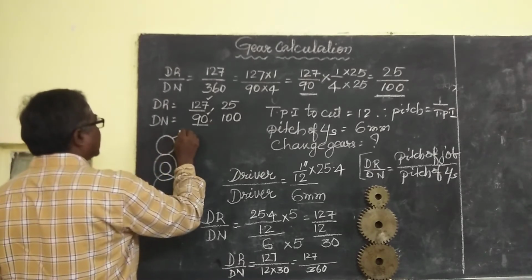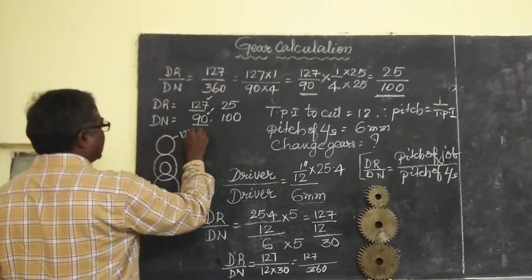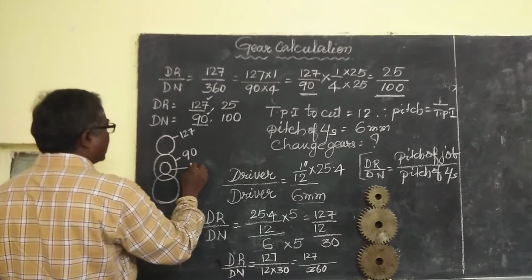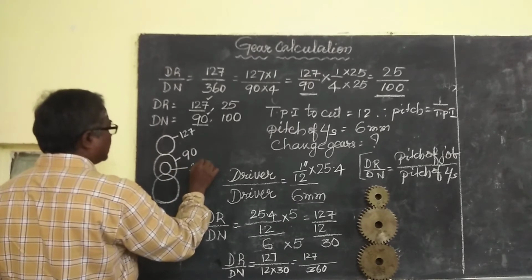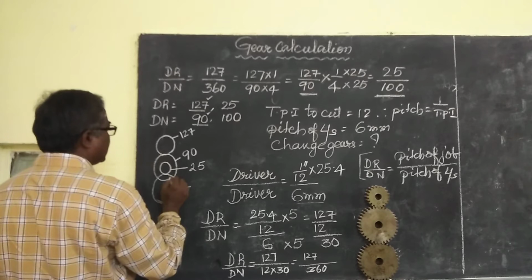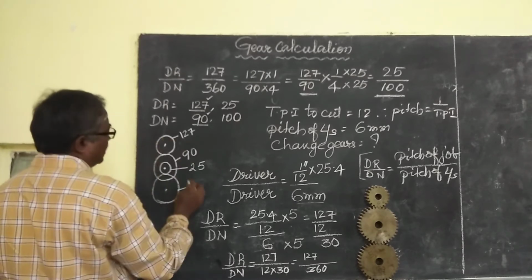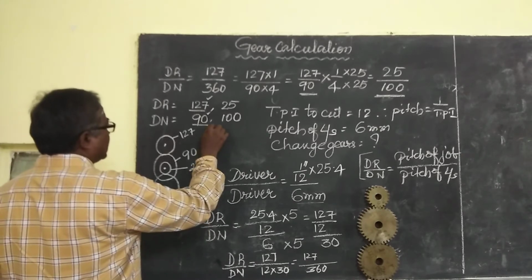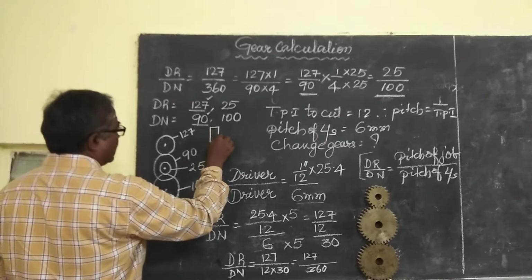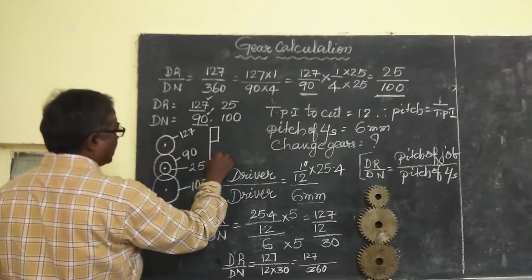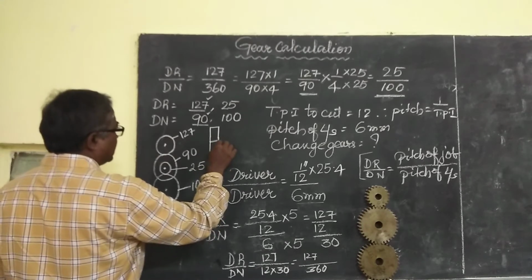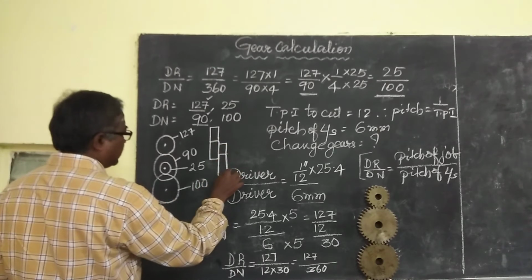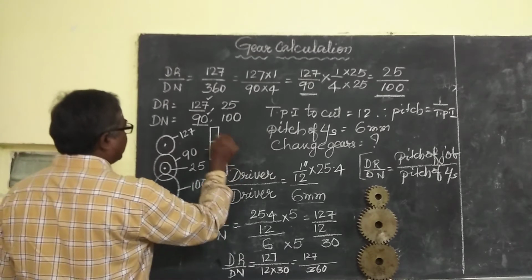The driver 127, the driven 90, the driver 25, and the driven 100. The connection will be like this: first gear and second gear, then the third gear, which is connected to the fourth gear. This is the way.